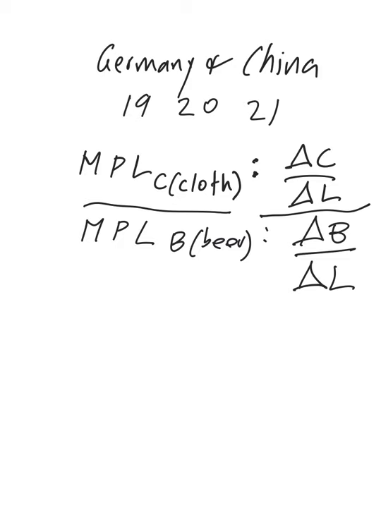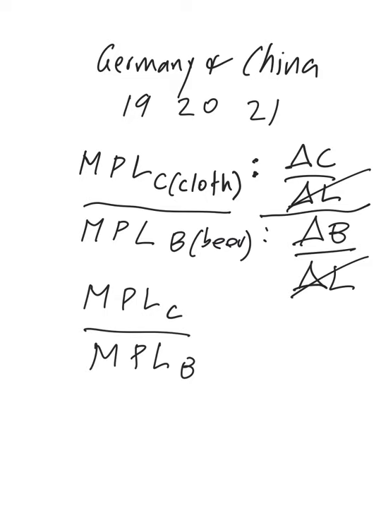MPLC divided by MPLB is equal to delta C divided by delta L, all divided by delta B divided by delta L. If we go to the right side, the delta L's cancel out.